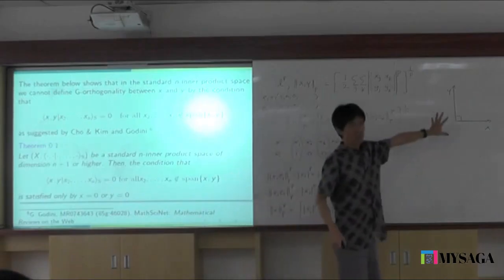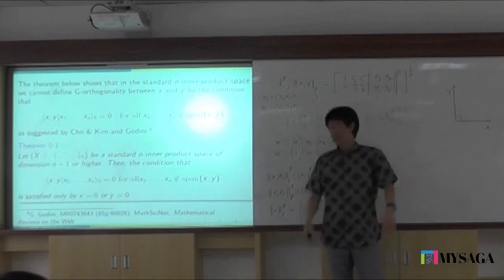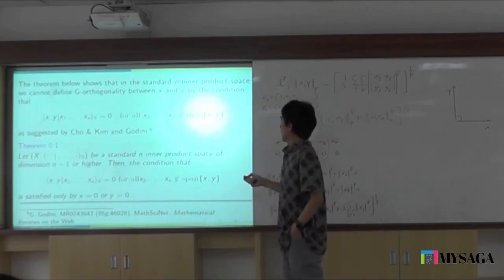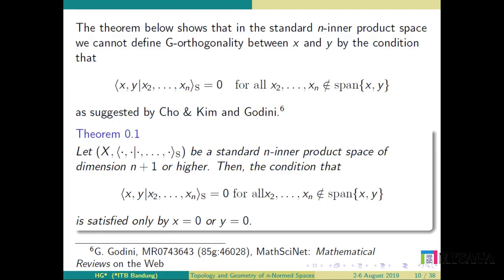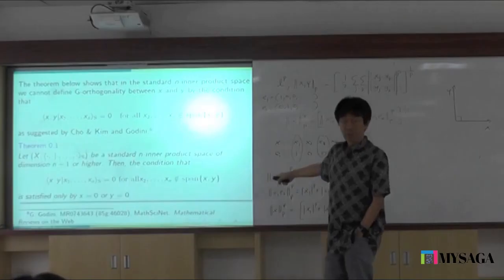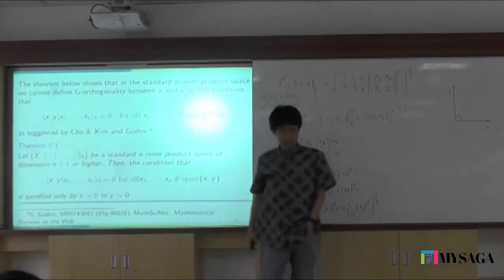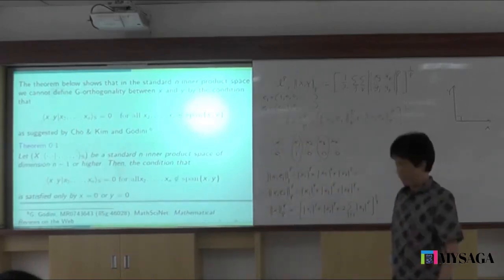So that's your x and y, and the others just outside of the plane. Okay? And not only Choi and Kim, Godini, I refer to Godini here as his review in MYSAGA, he also strengthened the statement about the condition and confirmed the condition.